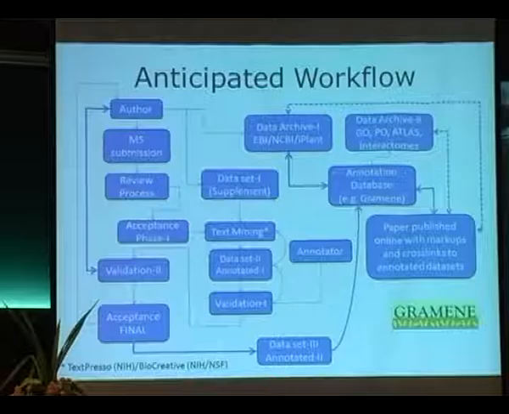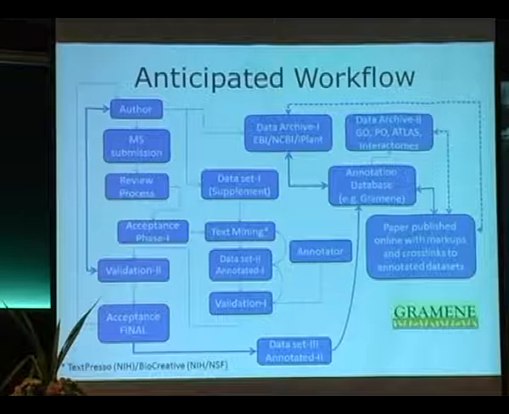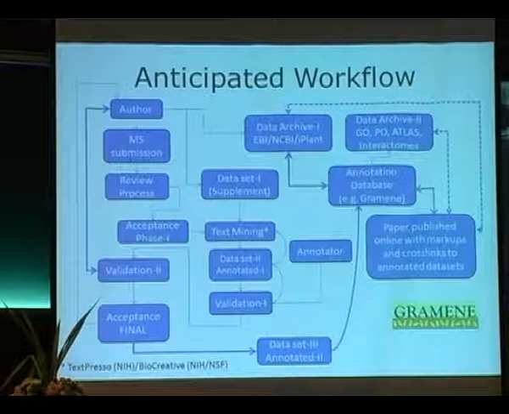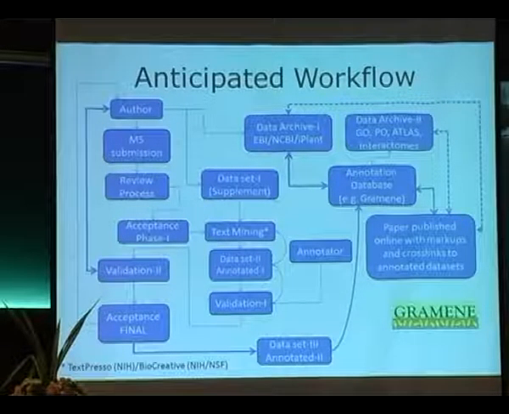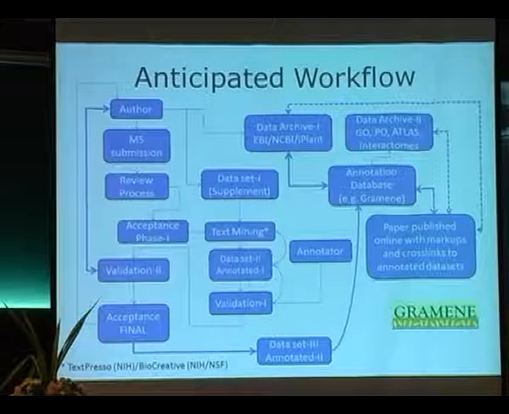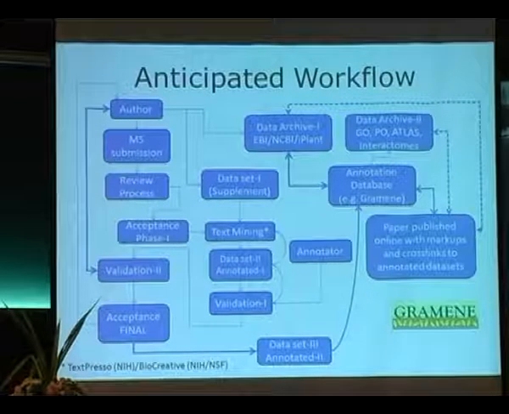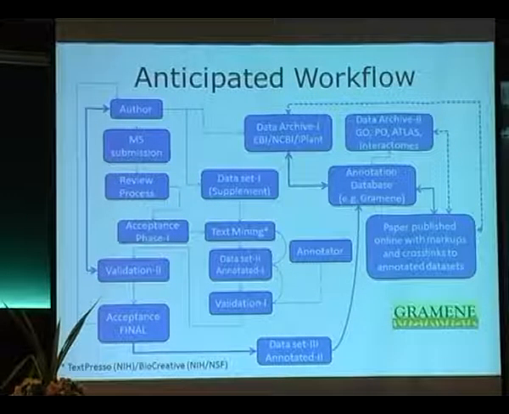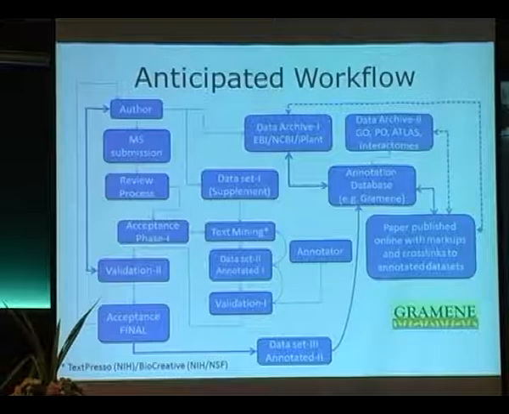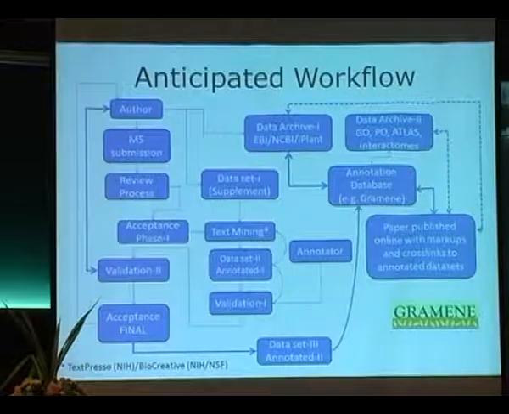So here's something which is going to change in about a year or so. Gramene has a collaboration with the ASPB Plant Cell, and the idea is that the author would be required to submit and annotate the data, and the paper would probably not go to print until the data has been approved and accepted by the major data repositories that host the data.